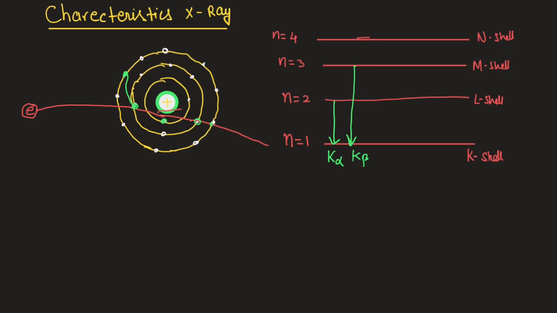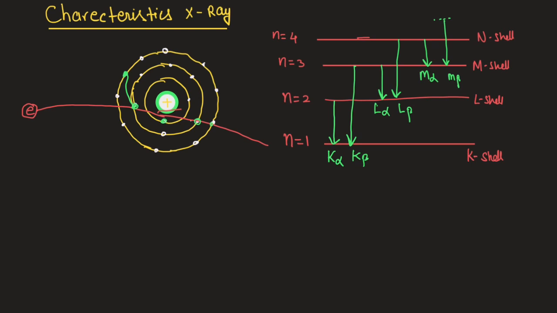If it returns from the M shell to the L shell, this is called L alpha, and this one will be L beta. Similarly this one is M alpha and this will be M beta, as other shells are there.